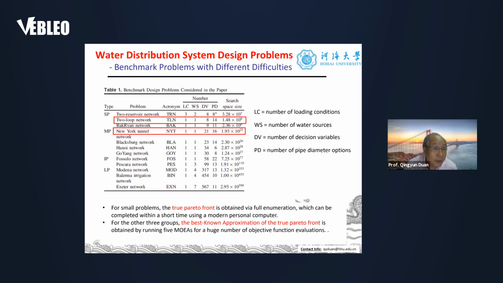They provided a set of standard test problems. We didn't try all of them, but we tried some of them. I'm going to show two of them here, highlighted by this red box. You have the 2-loop network design problem. The number of possible solutions is 10 to the 9th power. And then the New York tunnel problem, the number of possible solutions is 10 to the 25th power.